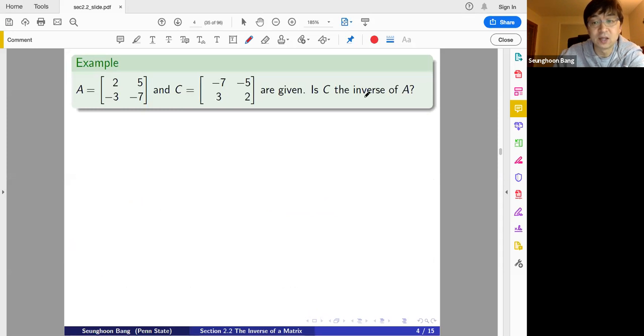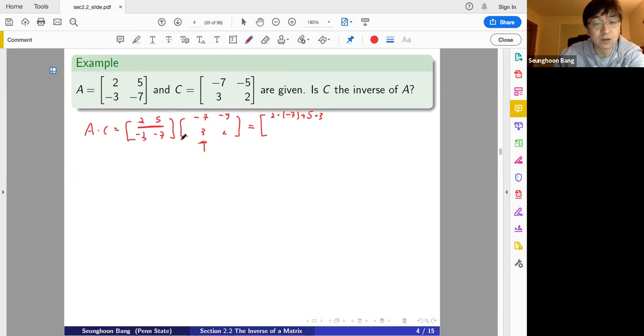Here, is C the inverse of A or not? You can check whether A times C equals I2 or not. You can calculate A times C. A is 2, 5, -3, -7, and C is -7, -5, 3, 2. First row times first column: 2 times -7 plus 5 times 3.